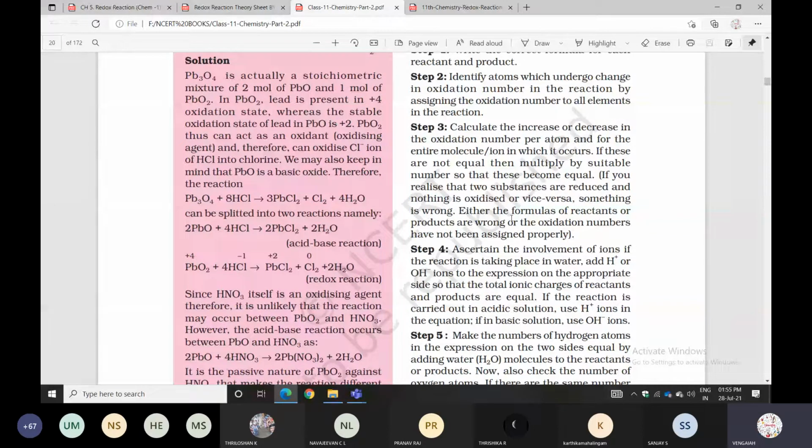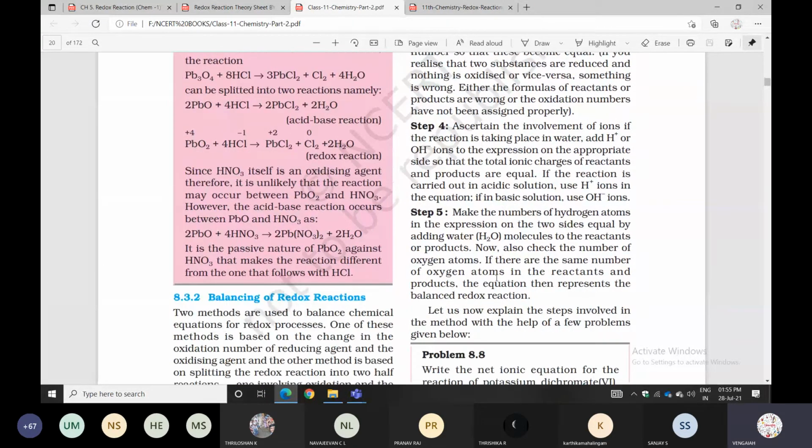If the reaction is carried out in acidic solution, use H+ ion. If basic medium, use OH- ion. Make the number of hydrogen atoms in the expression on the two sides equal by adding water molecules to the reactants or products.